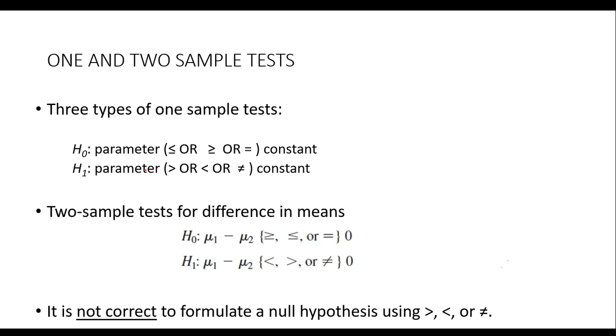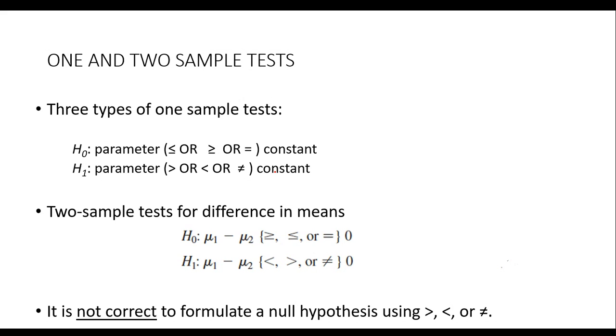So suppose I say the null hypothesis is mean IQ less than or equal to 110, then it will be mean IQ level more than 110. Suppose it is more than or equal to 50, then it is less than 50, or equal to 100, then it is not equal to 100.